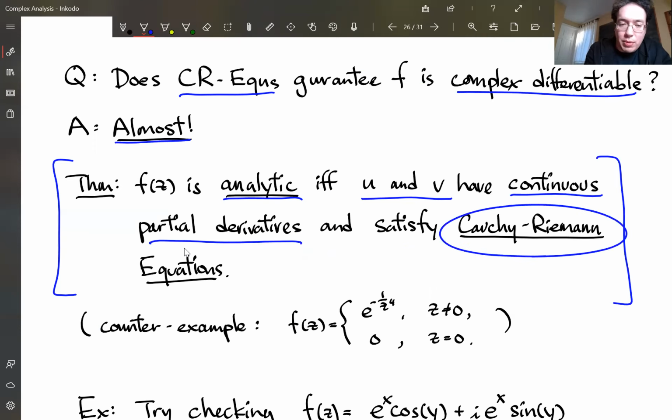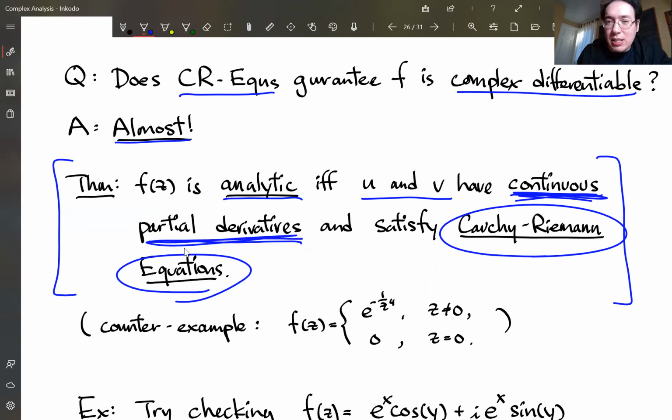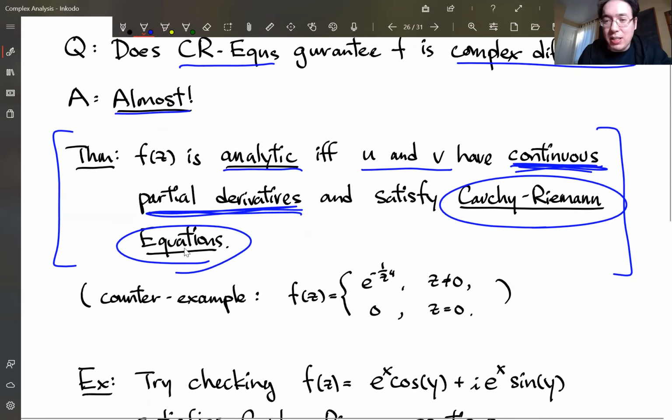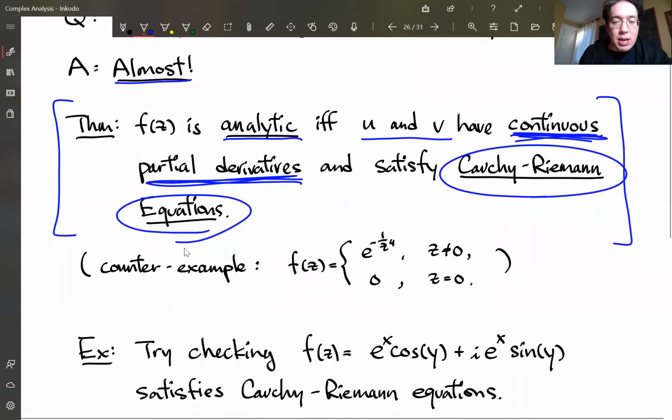So the Cauchy-Riemann equation is doing the heavy lifting here, and having these partial derivatives be continuous is to get rid of really weird cases. I don't want to get too much into the weird cases because it'll take time away from the class.